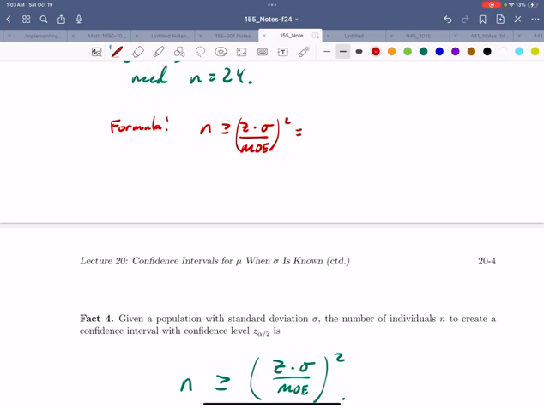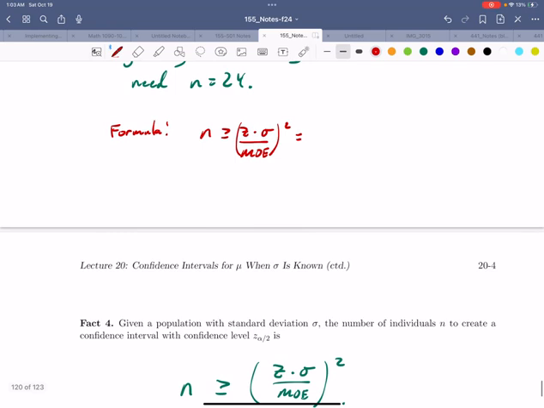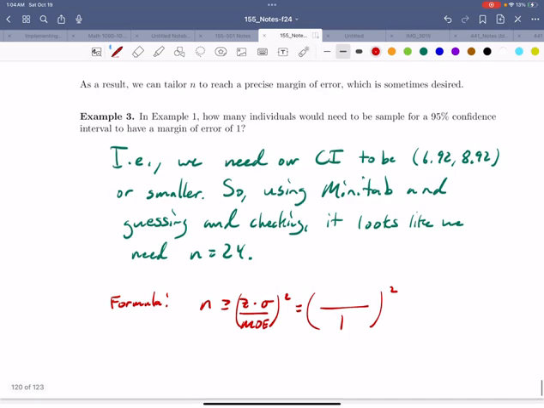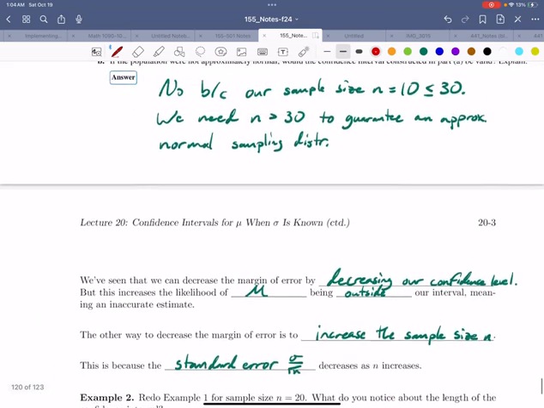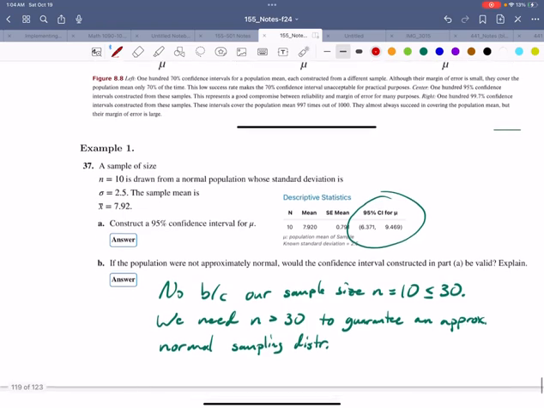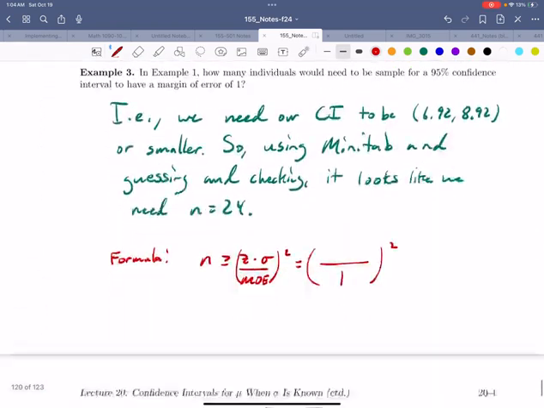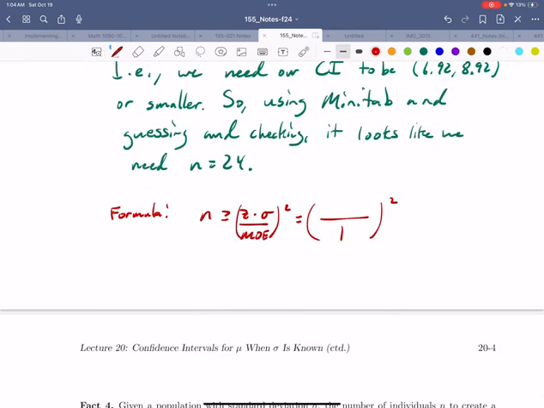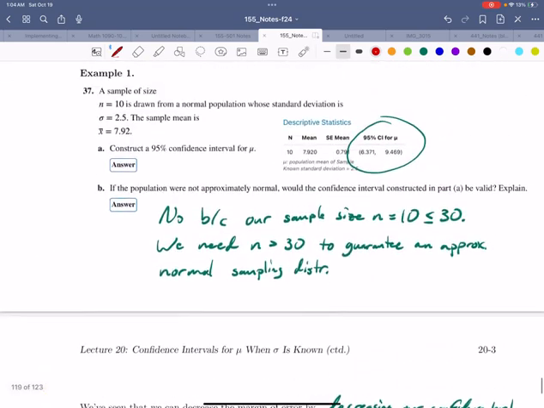Well, let's see. We know that our margin of error is going to be 1. That's our desired margin of error. And then what was our z-score? Well, we're looking at example 1. We wanted a 95% confidence interval. If we remember, I think that z-score was 1.96. And our sigma was that 2.5?